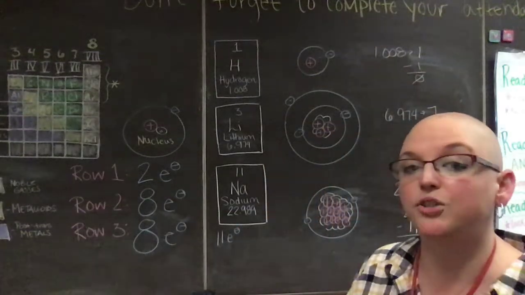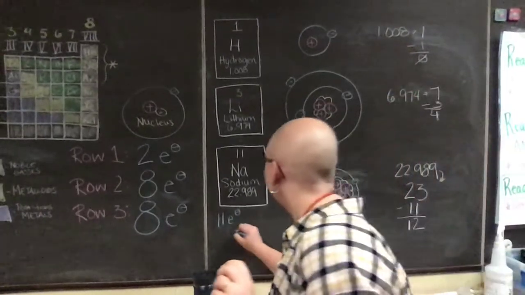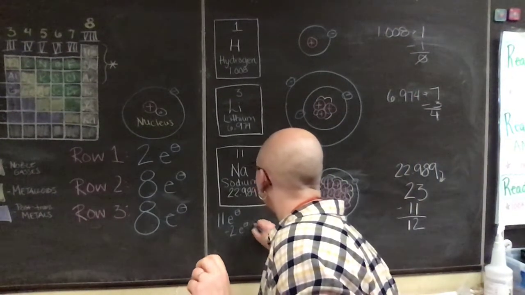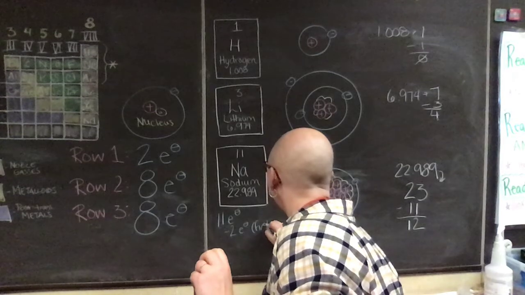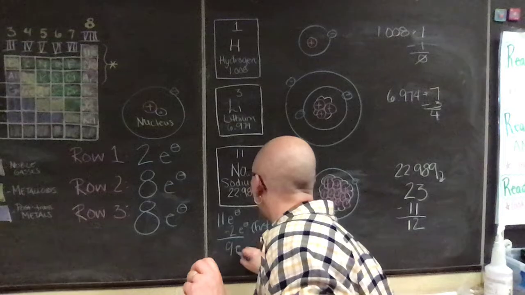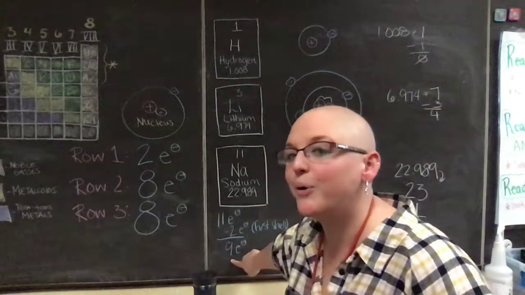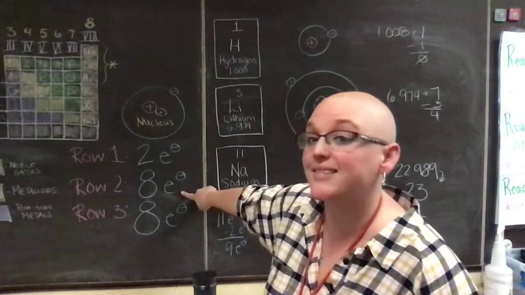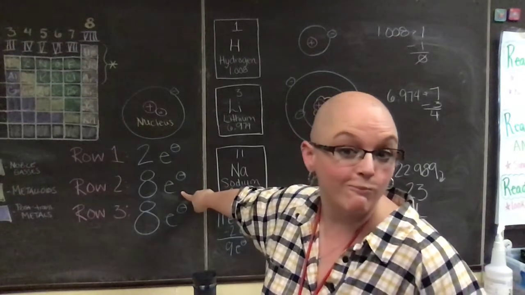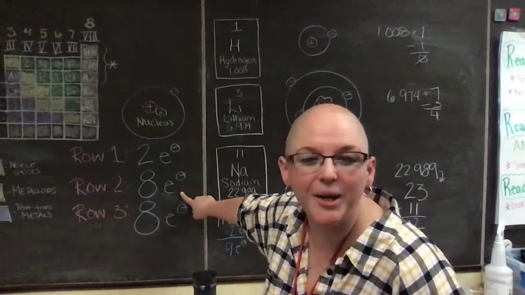We know this to be true. 11 minus the 2 electrons we put on the first shell gives us 9 electrons left over. But can I put 9 electrons on the second shell? No way, buddy. No way, no how. I can only put 8.